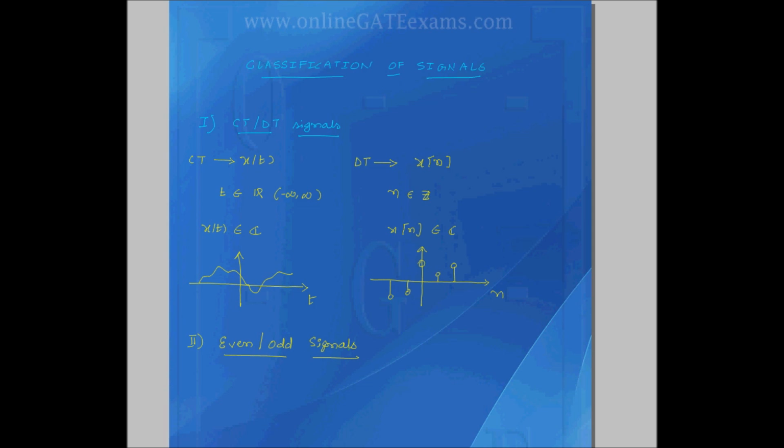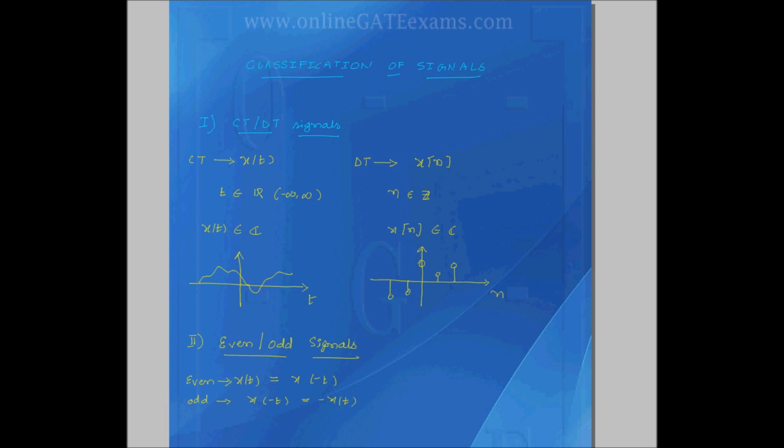We define a signal x of t to be even if x of t equals x of minus t. So when do I say a signal is even? If x of t equals x of minus t. And when do we say a signal is odd? If x of minus t equals minus x of t.